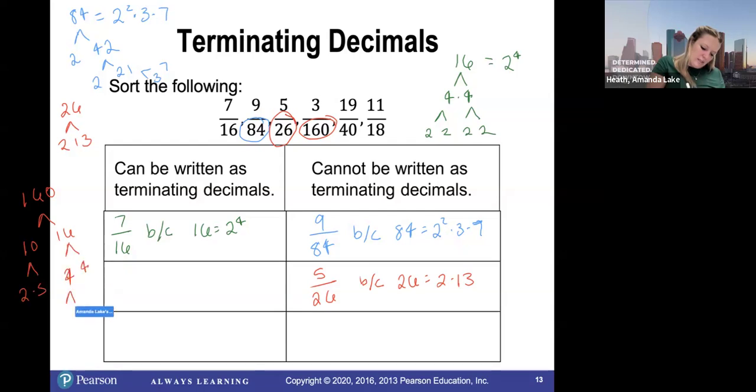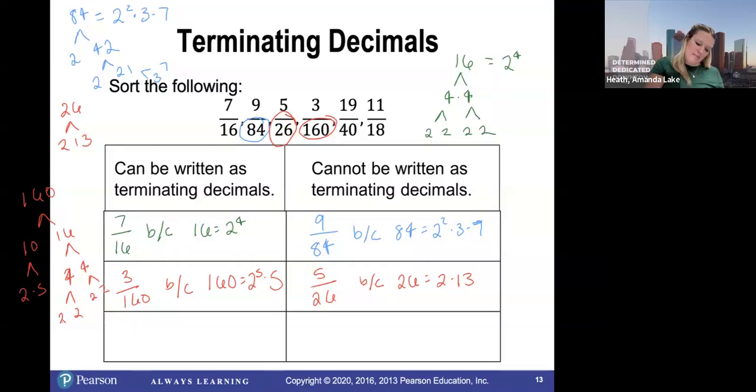And 4 is 2 times 2. So I have 1, 2, 3, 4, 5 twos and one 5. So this will go in my yes column, because 160 is 2 to the 5th power times 5.